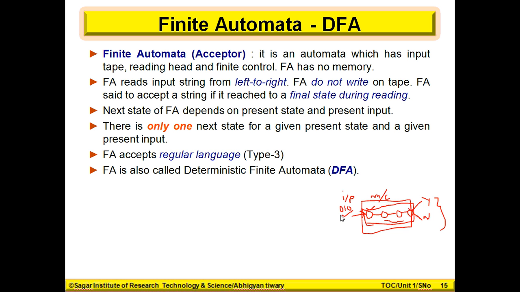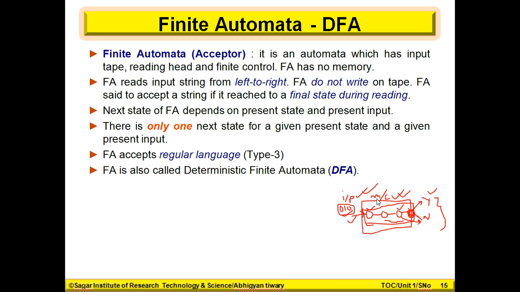If by reading the whole input we reach this final state, it means this string will be accepted by this machine itself, and we are going to get the output yes. And if by taking this input we are not able to reach the final state, if somewhere we are left behind, then we are going to get the output no. This string will not be accepted by this machine.